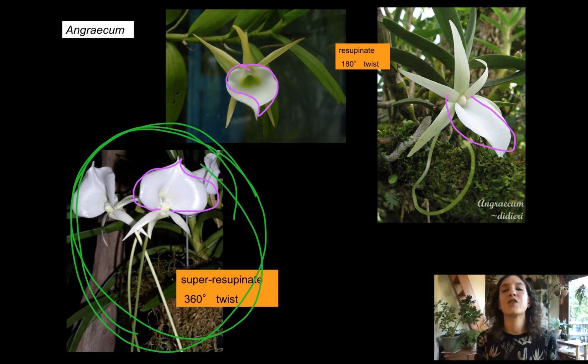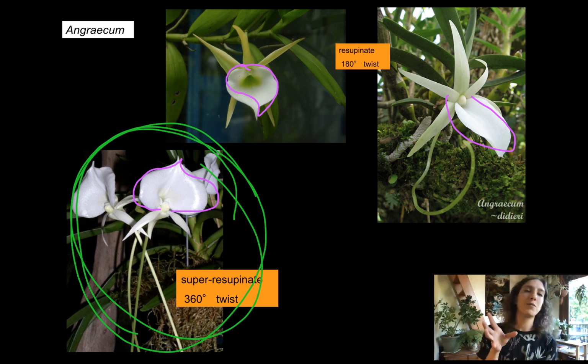What it does is actually, instead of doing the 180-degree twist during the early developmental bud stage, it does a 360-degree twist. Since its lip apparently needs to be on top to attract its very specific pollinator, over time, evolutionarily, they've kind of adapted this upper position for their lip.